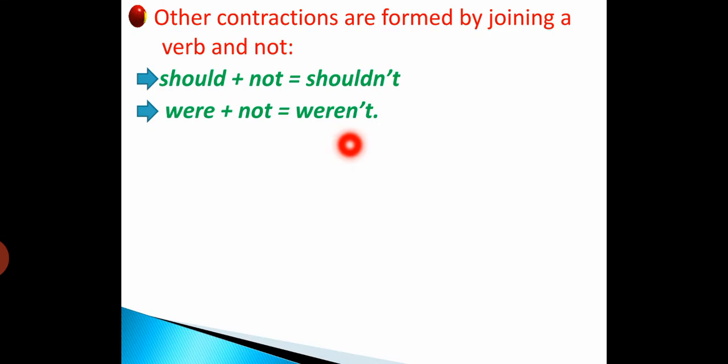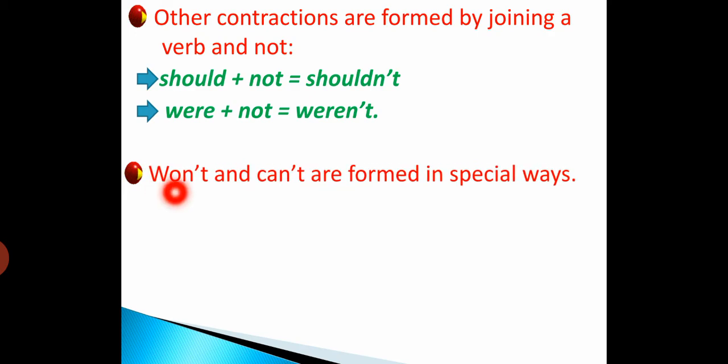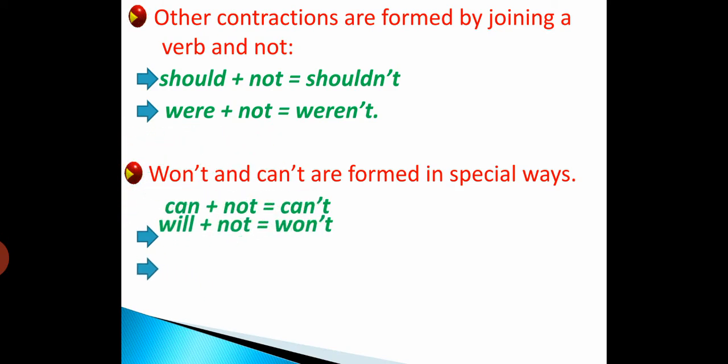So it's gonna be weren't. Won't and can't are formed in special ways. For example, can plus not, it's gonna be can't. So the contraction for can and not is can't. Will plus not, it's gonna be won't.